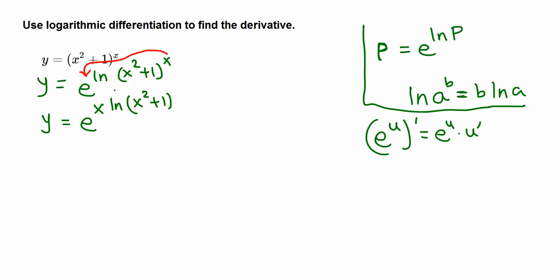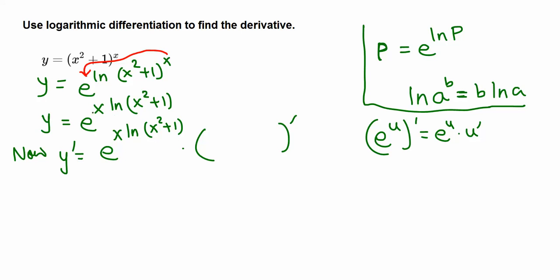So the derivative is e raised to x natural log of x squared plus 1 times the derivative of the inner function, x times natural log of x squared plus 1. So we are done with this factor.